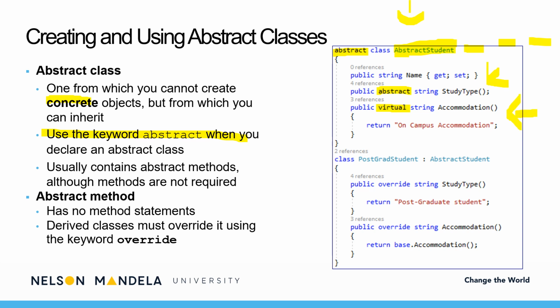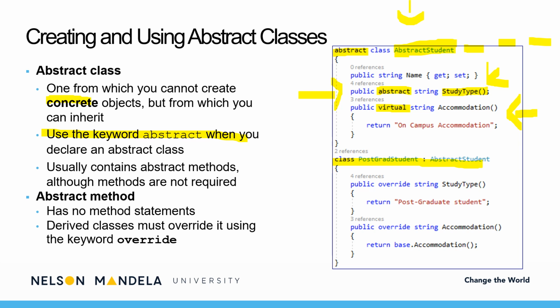The abstract method you can only create in an abstract class. This method is abstract because it does not have any implementation. It is a high-level type of method. Its implementation is normally in the child class, which is the class that derives from the abstract student.